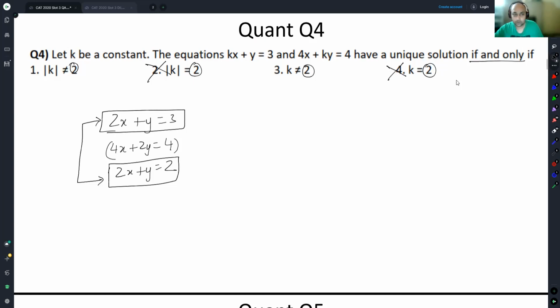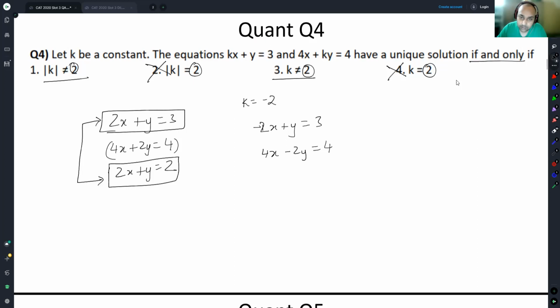The other thing to notice now is option 3 and option 1. We have already ruled out k as positive 2. Let us try and see what will happen. If k was minus 2, I would have minus 2x plus y is equal to 3, and here I would have 4x minus 2y is equal to 4.